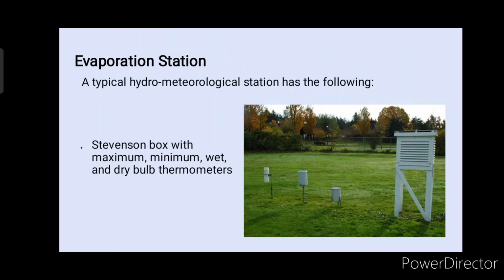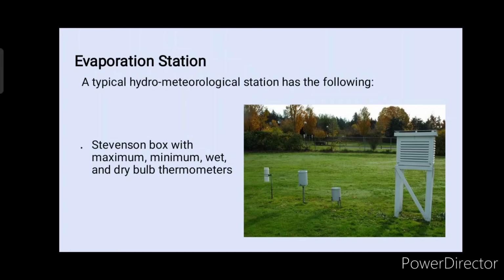A Stevenson box, as you can see in the photo, is a double louvered wooden box painted white, and it is specially designed to shield the thermometers from the direct rays of the sun, from precipitation, and from heat radiation from the ground.